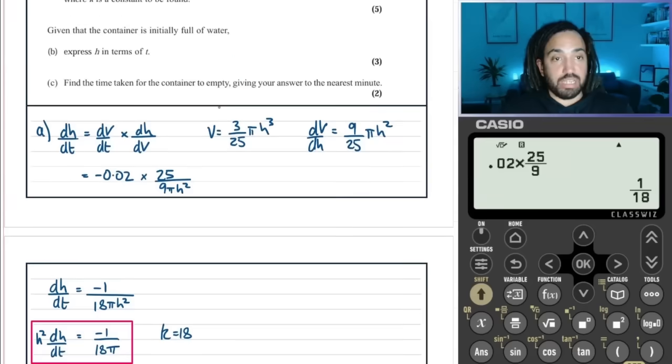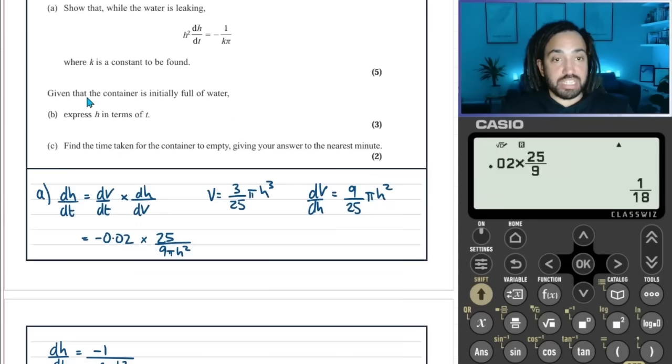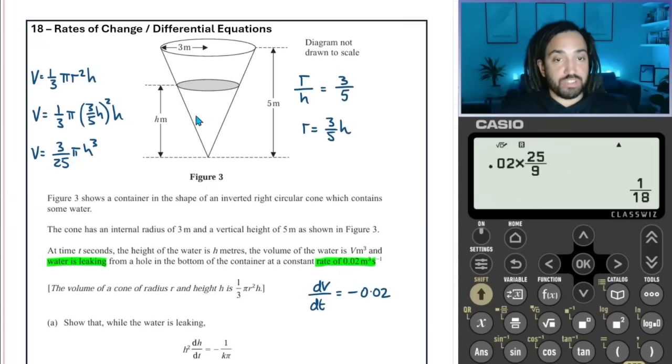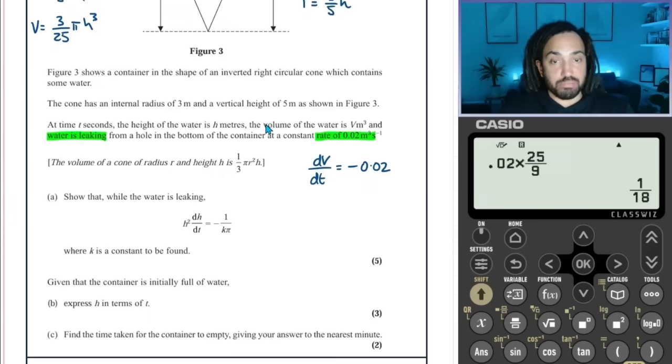Okay, great. Now, it says that the container is initially full of water, so we need to go back up here. And if it's full of water, then we just need to work out that volume. Oh, no, we don't, actually, because, of course, if it's full of water, it just means the height, which is the variable we're actually interested in, is 5. So h is 5 when t is 0.